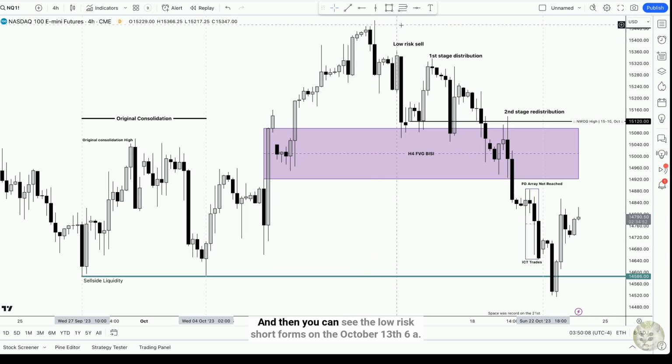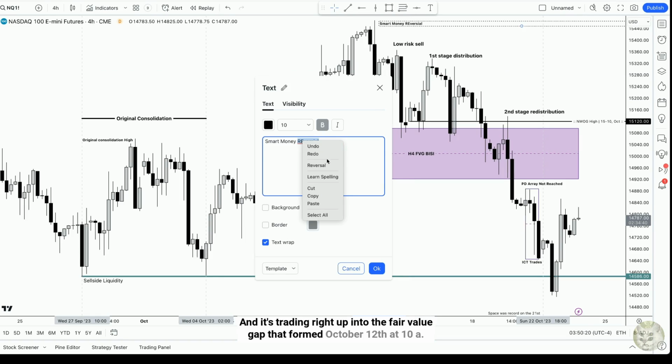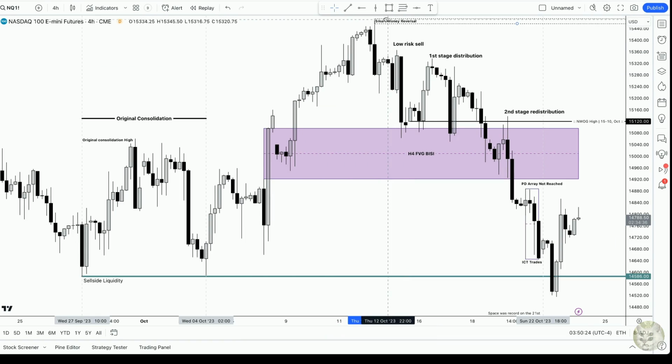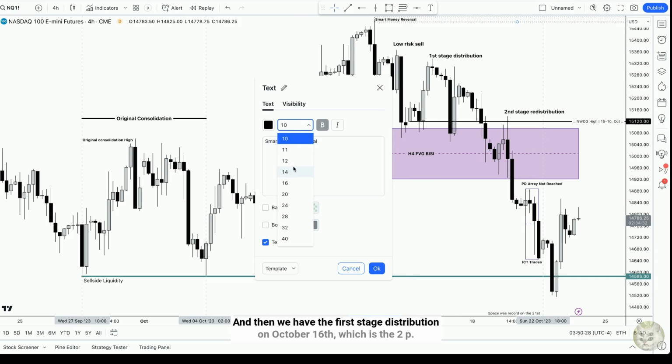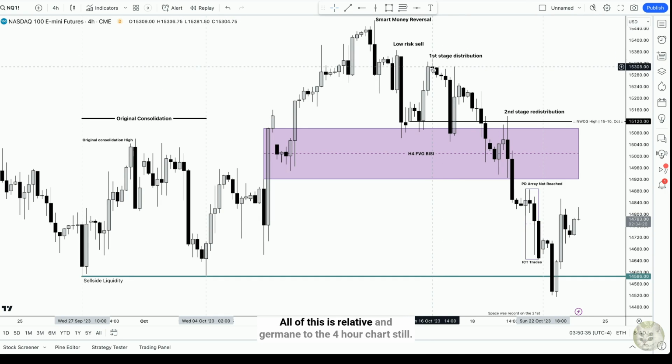And then you can see the low risk short forms on the October 13th, 6 a.m. candle, and it's trading right up into the fair value gap that formed October 12th at 10 a.m. on that candle. And then we have the first stage distribution on October 16th, which is the 2 p.m. candle. All of this is relative and germane to the 4-hour chart still.